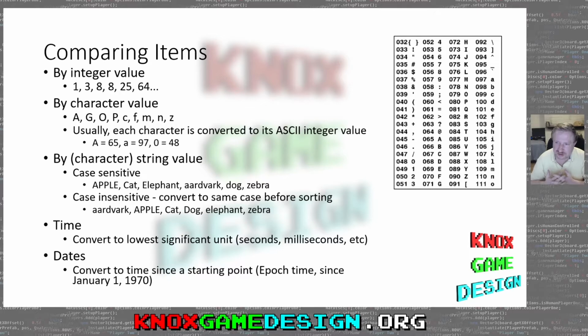And also, the numbers also have an ASCII character value, such as 0 is 48. And there can be tricks in sorting and comparing numeric values. So for instance, if you have a 5 and a 10, if you compare those by the actual character values, a 1 is going to be less than a 5, so that 10 is going to come before your 5 because you're comparing each digit slot.